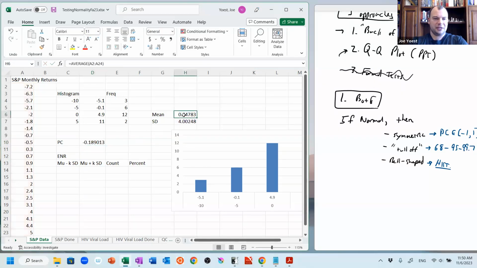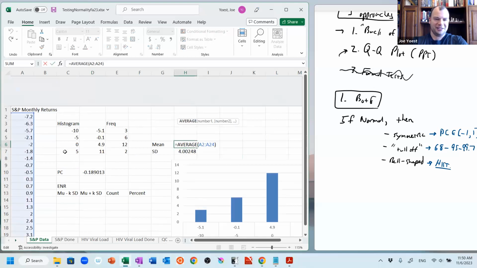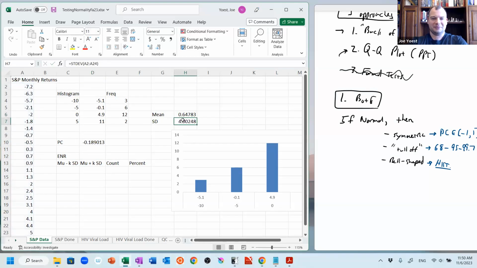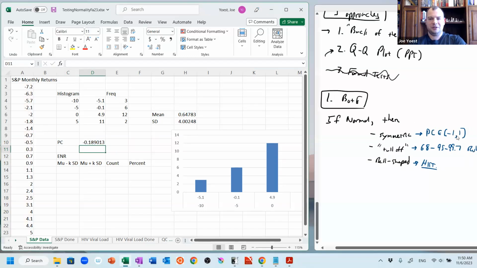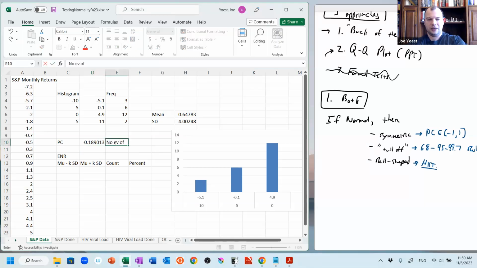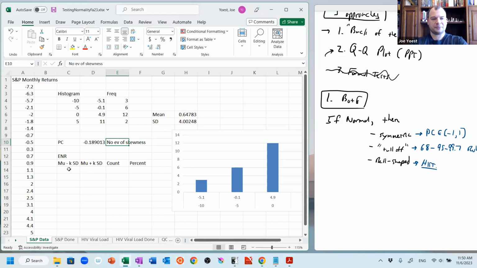Let me double check that I have the right things here. Make sure I didn't have some vestigial mistake. And I see my Pearson coefficient is negative 0.19 or so. That's certainly between -1 and 1. So no evidence of skewedness. The histogram looks in the ballpark of what I would expect.